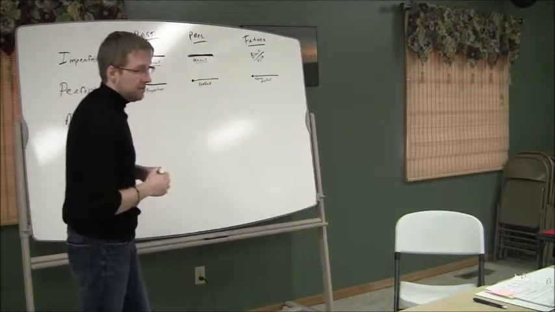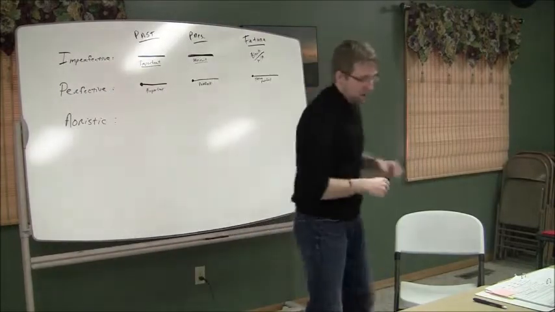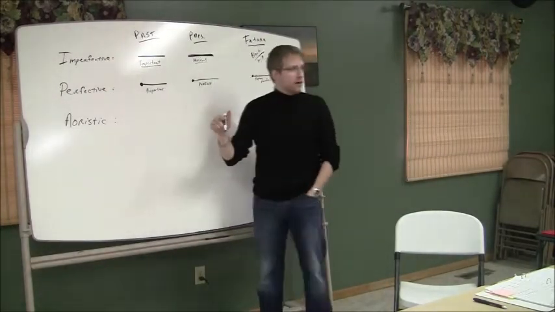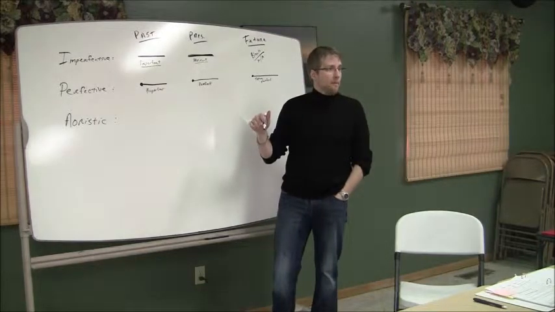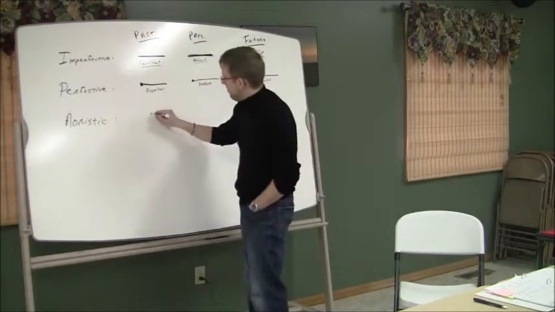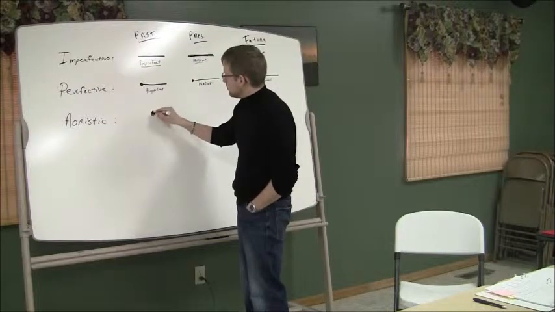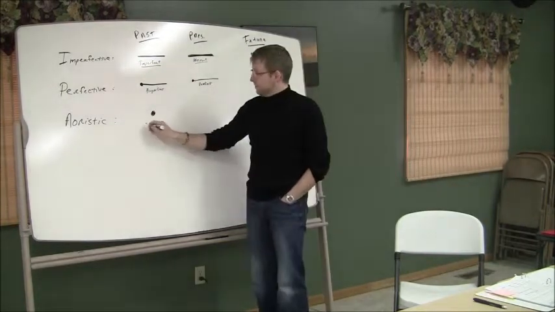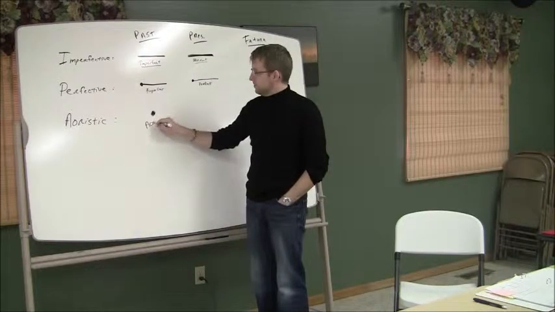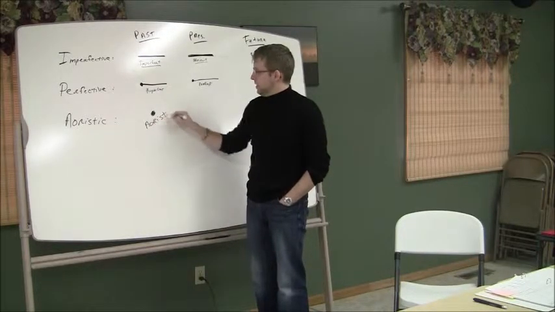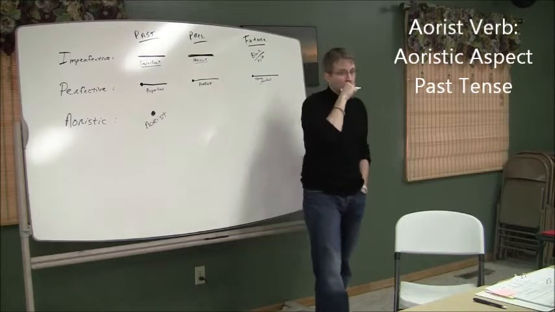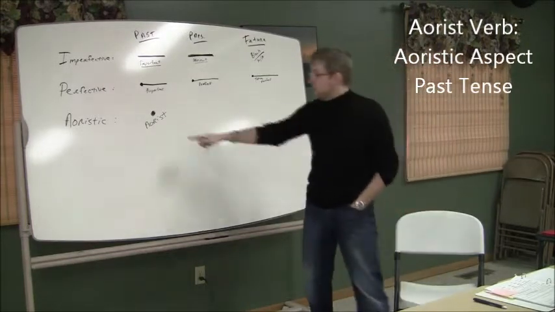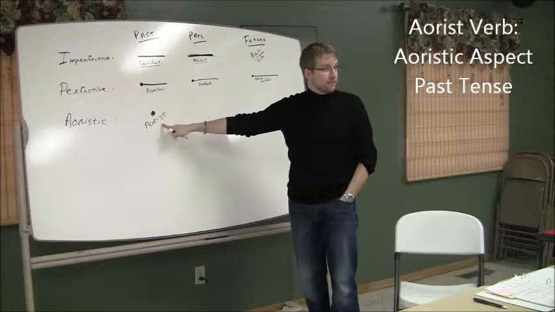All right. Down here, we have the aoristic aspect, and we have the 3 different times. How do I draw an aoristic aspect? Just a dot. And when that happens in the past tense, what do we call that? Look on your sheet there. An aorist. So the most common form of a past tense is going to be called an aorist.